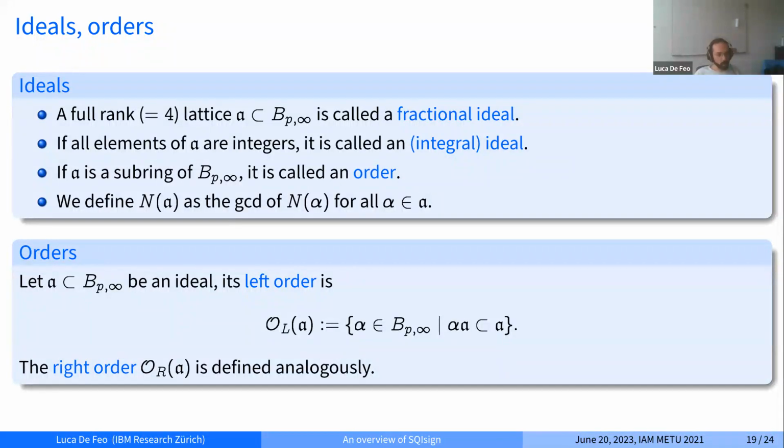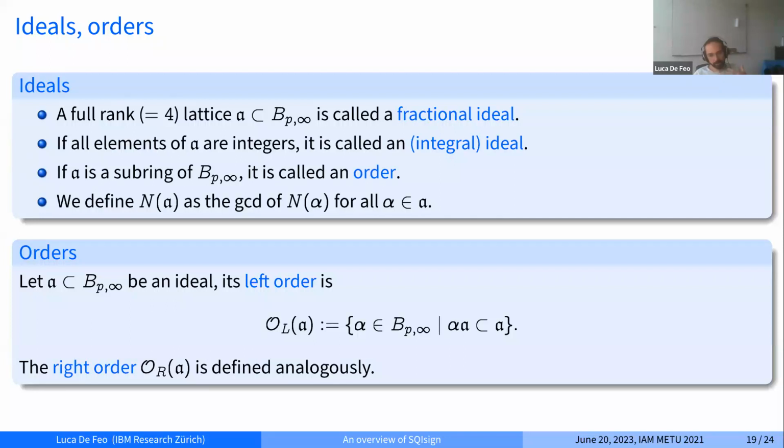And then one very important concept is the concept of a left and a right order associated to an ideal. So whenever I have an ideal, I can associate a subring of the quaternion algebra to it, which is its left order. This is essentially the stabilizer of the ideal. So it's the set of all the quaternions alpha such that when you multiply alpha by the elements of the ideal, you obtain again an element of the ideal.